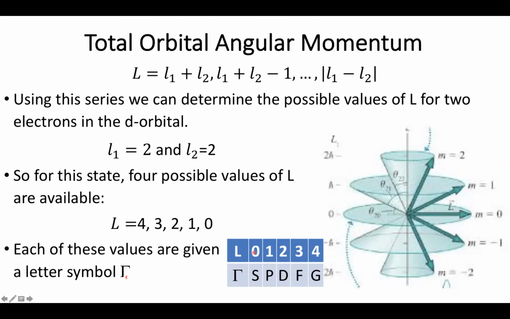So if I have a total orbital angular momentum of 0, I have a symbol of S. If I have a total angular momentum quantum number of 1, I have a symbol of P, D, F, G. And if I had a value of 5, it would be H, I, J, K. We rarely end up having symbols greater than I, but it is useful to know that they're out there.